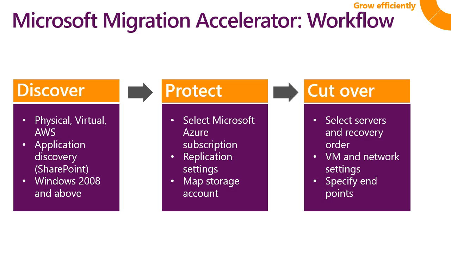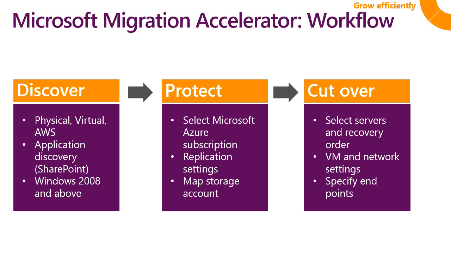Now, as you start taking a look at the protection side, you can configure protection from the source enterprise servers to Azure after installing the mobility service. Don't worry, we'll talk about the mobility service in the next slide. And as I mentioned, you can create a group for those individual applications as well.